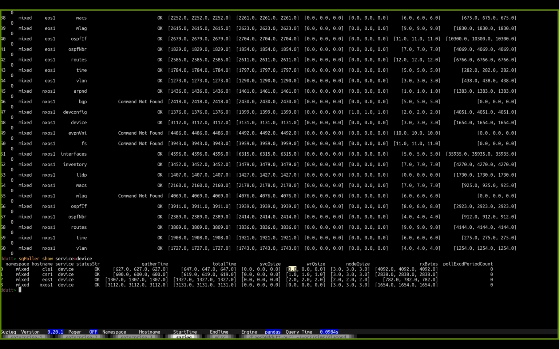So how do you know if the processing is taking too long and you need to break up the worker? Well, the first thing you would do is look at the service queue to see if the service processing is taking a long time. If it's not the service processing that is the problem, you would look at the node queue. Is the node queue taking a long time? In this particular case, we see that the node has a number 3 all the time.